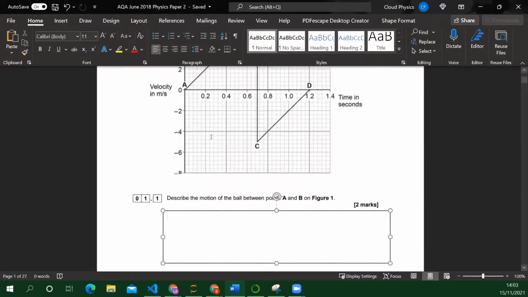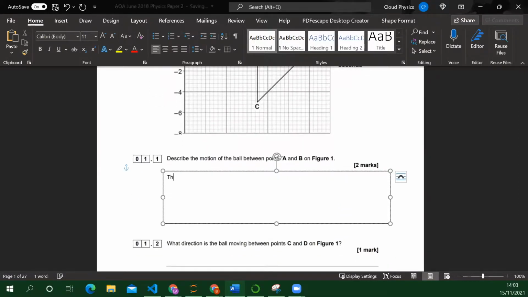So the velocity is increasing at a constant rate, therefore it is constantly accelerating.